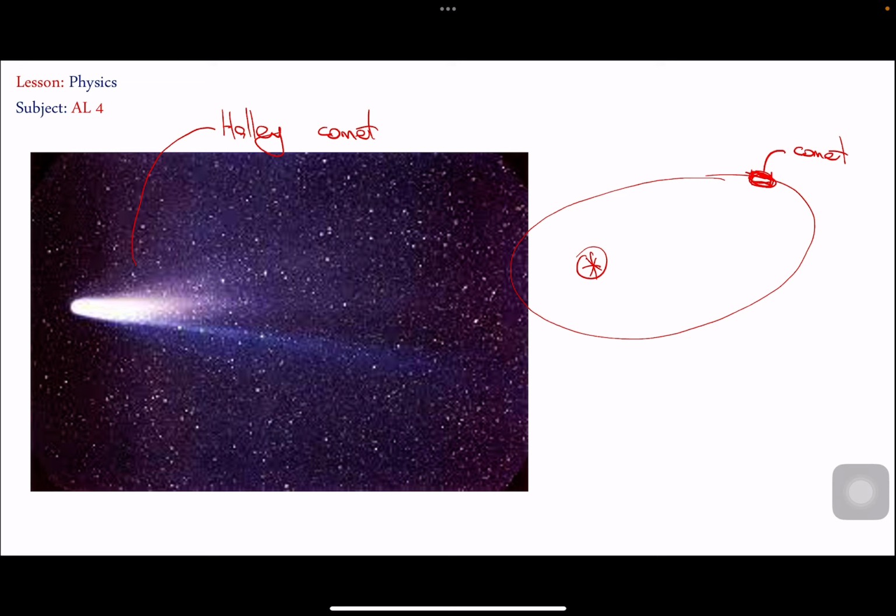It can be seen only when it's close to the sun, because it takes some light from it, and it happens only once in 76 years. So the period of the Halley Comet is approximately 76 years. That was the interesting fact that I want to share with you.